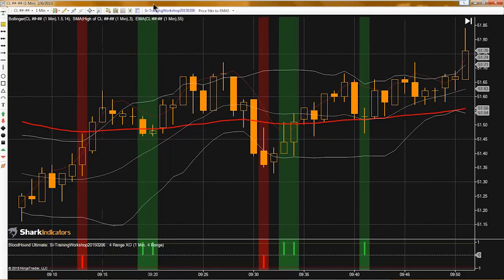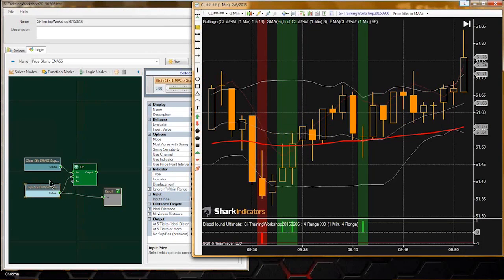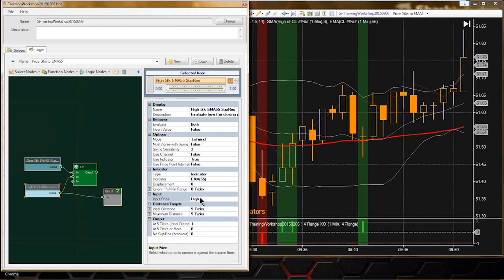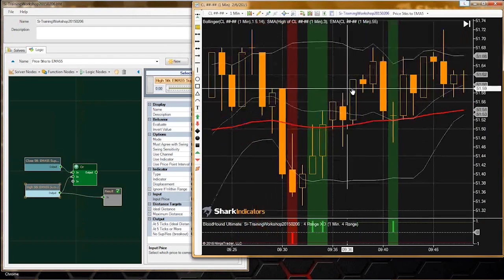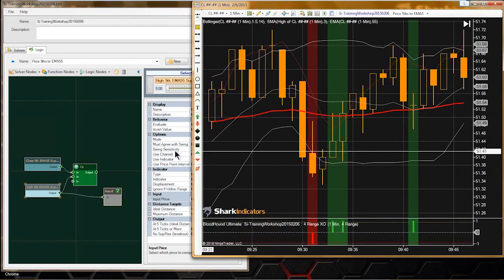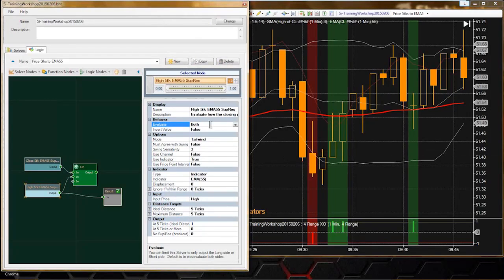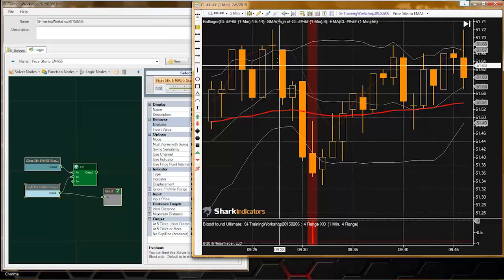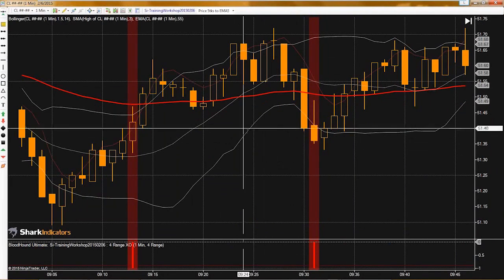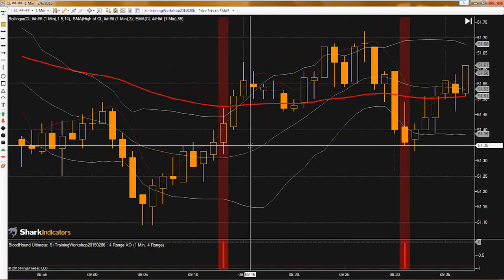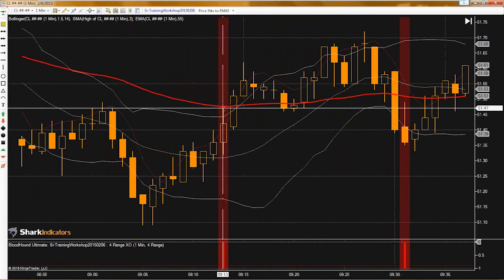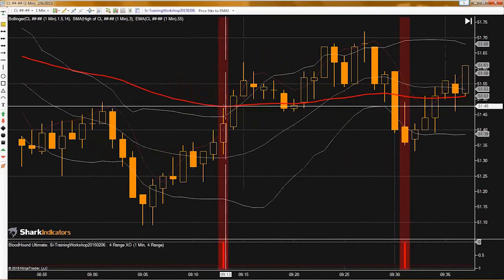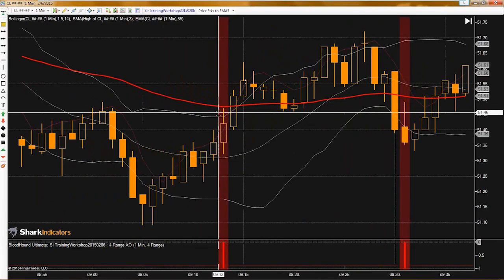So this solver that's using the high price, for practical purposes, we probably don't want a long signal out of it. So let's set our evaluate to short only, and to me that makes a little more sense in using the high price for looking for bounces, right?